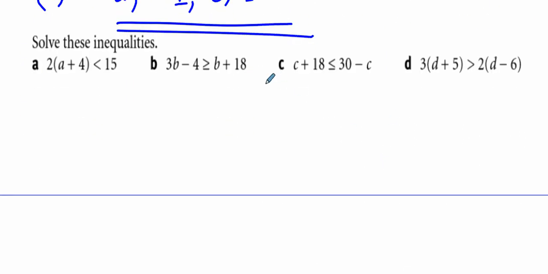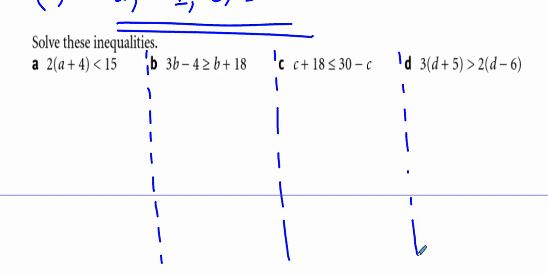All right, solve these inequalities. Solving inequalities is done in the same way as how we solve equations. Here, expand the brackets. This will be 2a plus 2 times 4, which is 8, less than 15. Collect like terms.